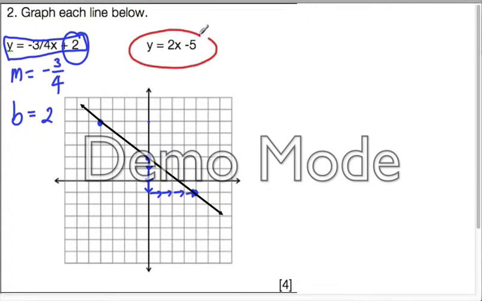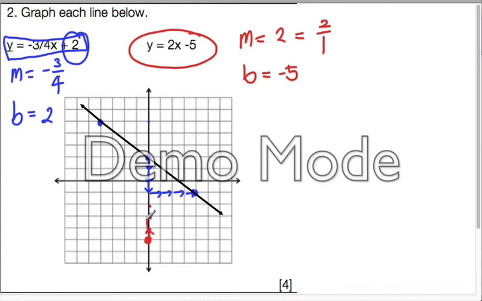Now in red, I will do y equals 2x minus 5. The slope is 2, and the y-intercept is -5. So I'm going to find my starting point of -5. 1, 2, 3, 4, 5. That's my starting point. And slope is 2, which is equivalent to 2 over 1. So I'm going to go up 2 and over 1.